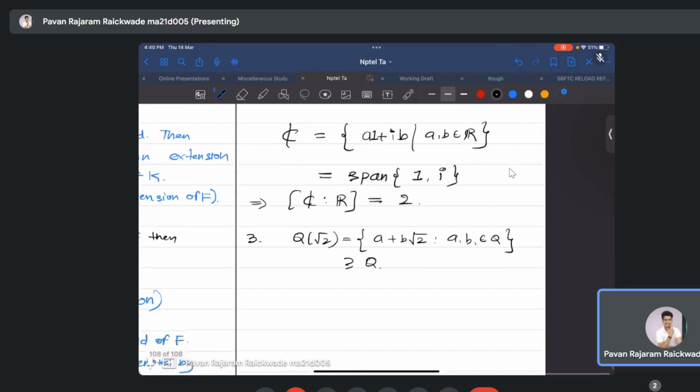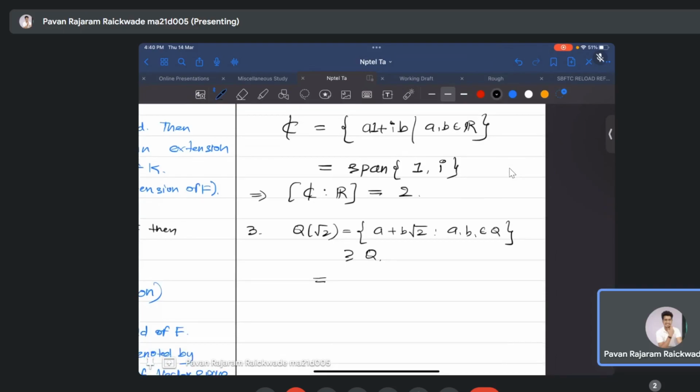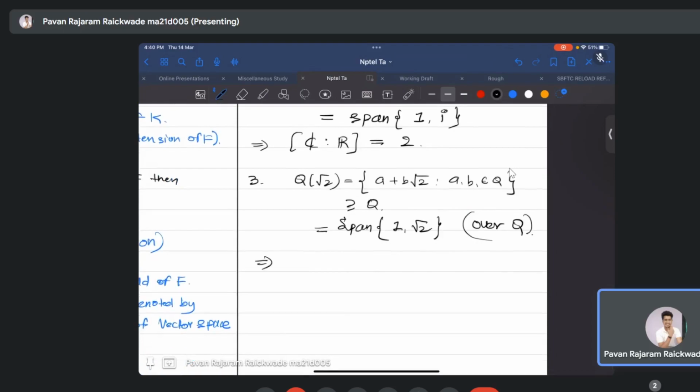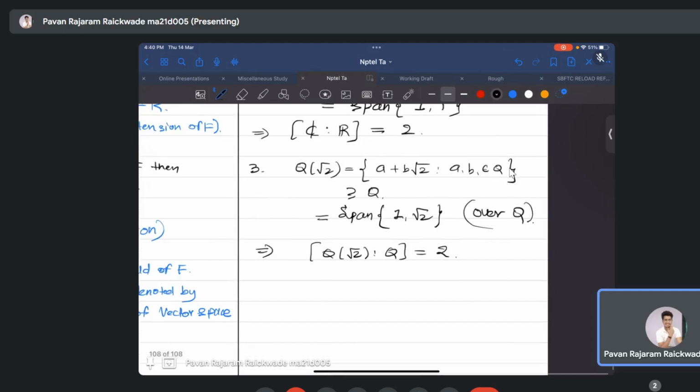From the structure itself, you can see this is simply the span of 1 and root 2, where the span is taken over the rationals, not over the reals in this case. And 1 and root 2 are linearly independent elements, so the degree of Q(root 2) over Q is also 2. So it's also a finite extension. Similarly, you can see many extensions, like Q(root 2, root 3) and so on.